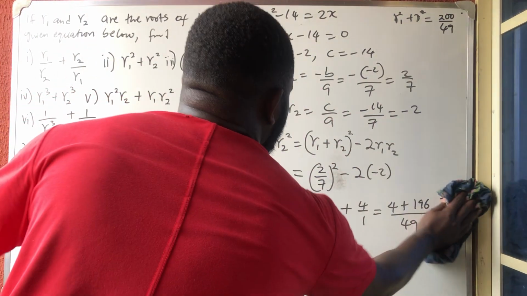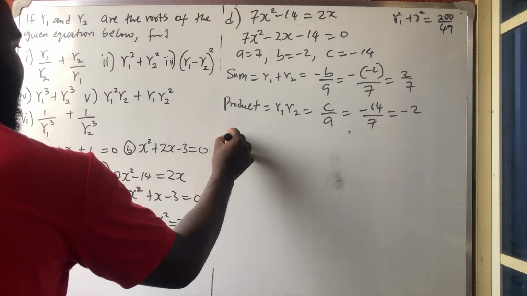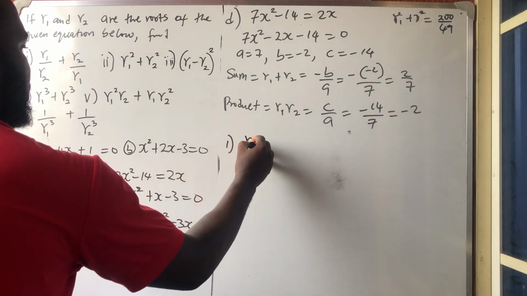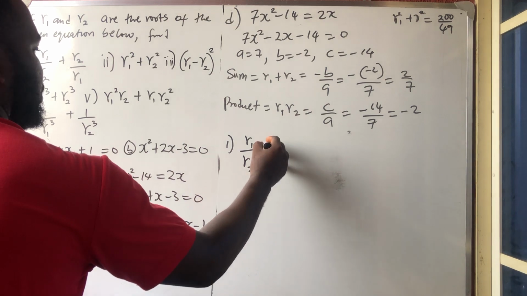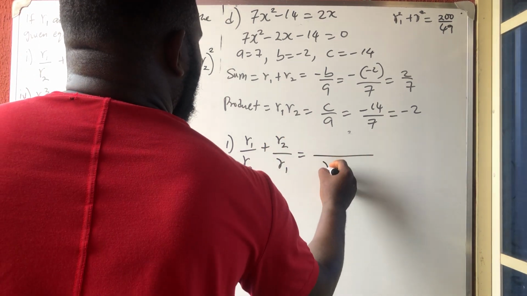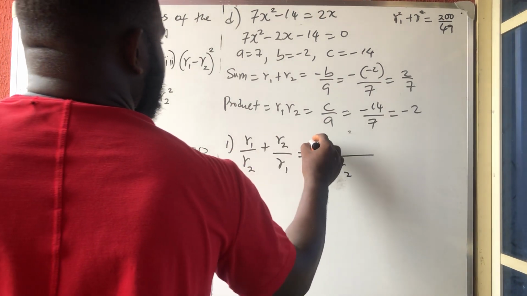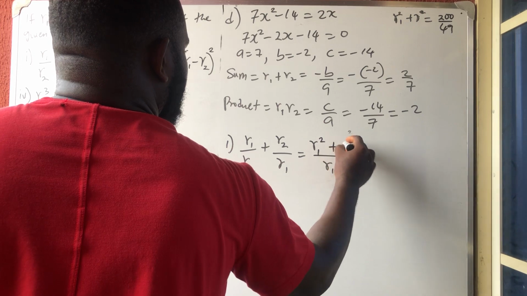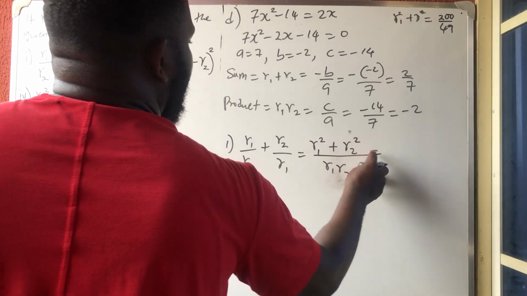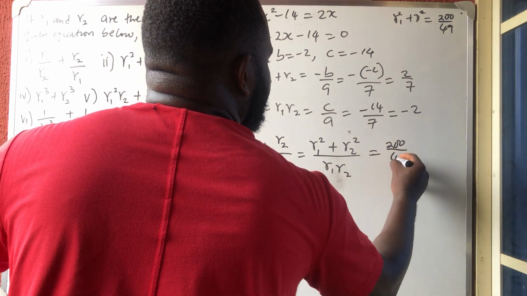Okay, so let me do I. So my I said R1 all over R2 plus R2 all over R1. The LCM here is what? R1 R2. When both of them divide is R1 times this R1 all square plus R2 all square. So I have gotten the one at the numerator as 200 over 49.